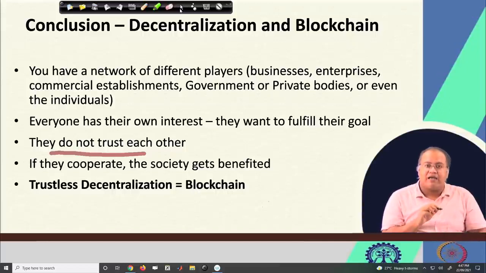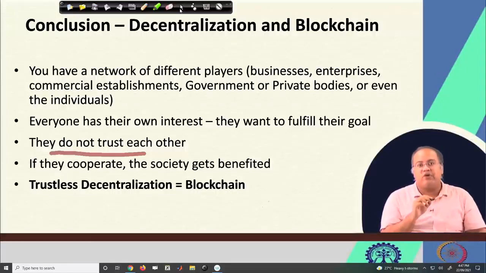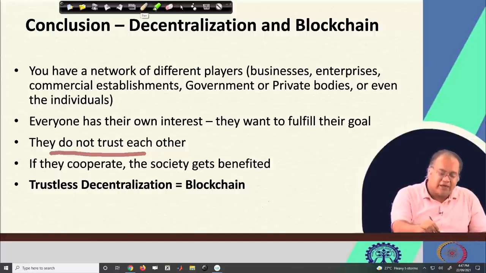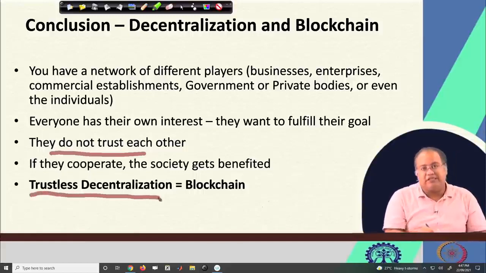As you have seen, if they cooperate with each other, the society as a whole can benefit. So, the basic crux behind the design of blockchain is to have something called trustless decentralization.